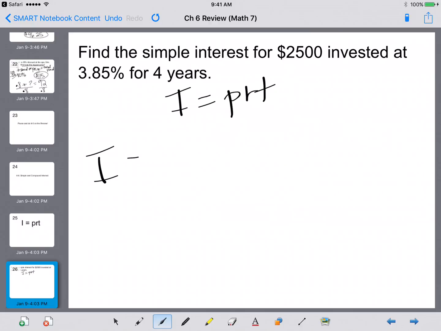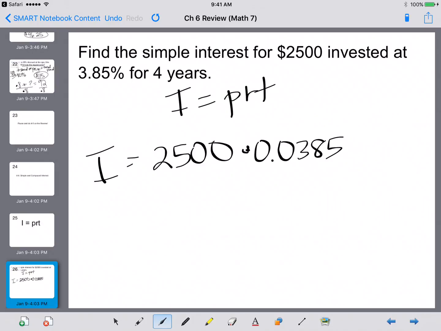We don't know the interest, that's what we're trying to figure out. Our principal amount that we invested was $2,500. Our rate was 3.85%, so as a decimal that would be 0.0385 because we moved that decimal over 2 places. And I'll put that in parentheses. Our time is 4 years.